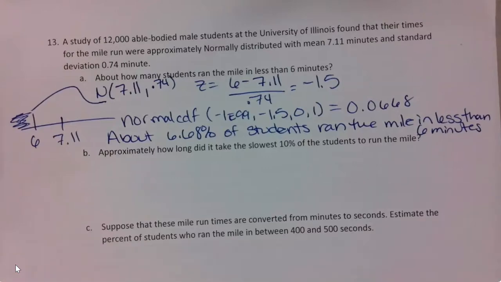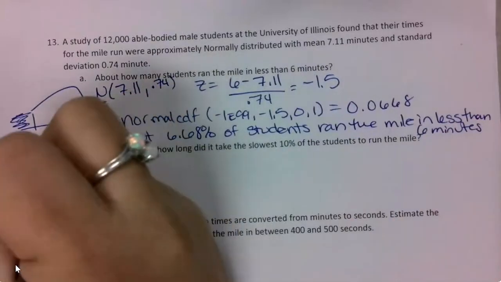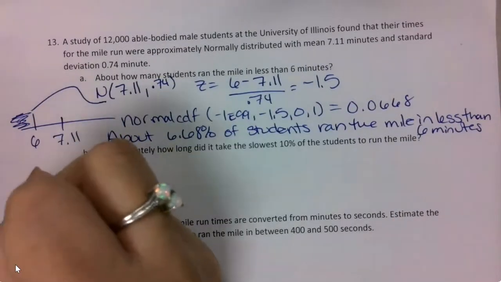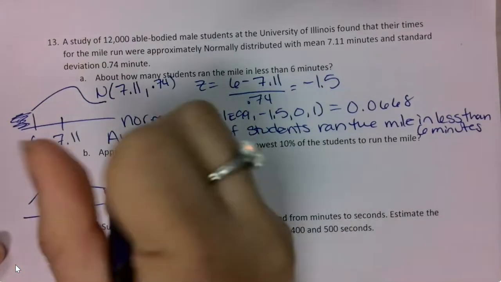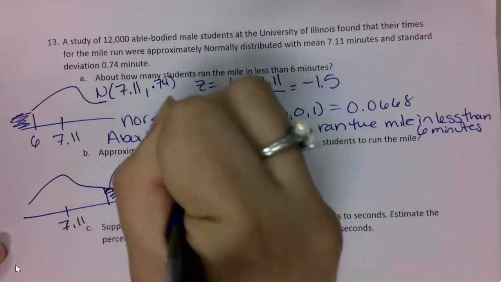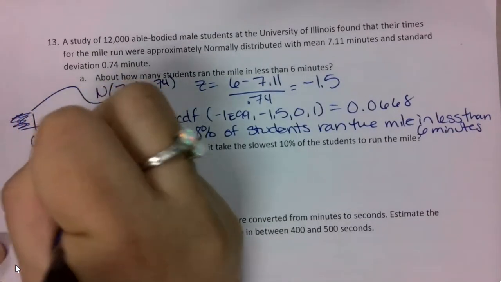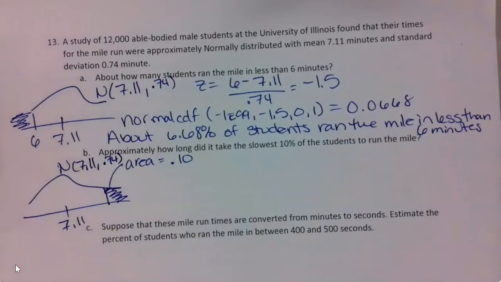This one wants me to figure out how long it takes the slowest 10% of the students to run the mile. So again, I want to draw a picture. I know over here that because they're the slowest 10%, this is my area of 0.10. And then again, I want to label this as my normal curve. So because I have an area, I want to start off by working backwards.